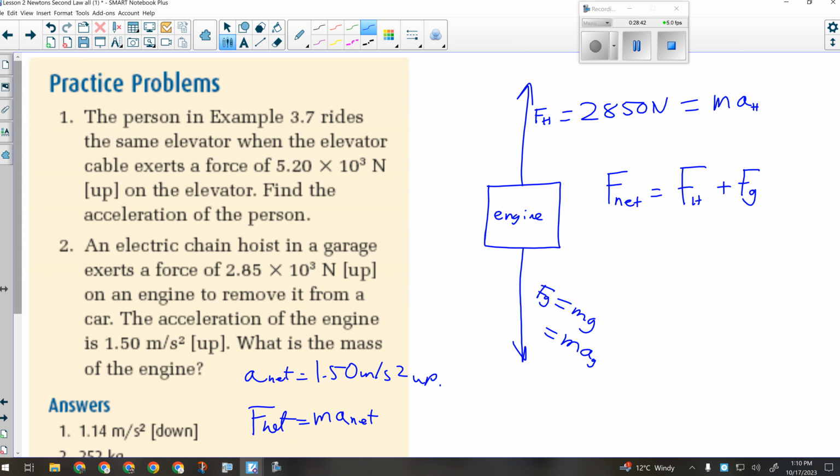What if I wrote it like this instead? Am I saying the same thing? That's how I would calculate each of those forces individually, right? Mass times acceleration, mass times acceleration, mass times acceleration. What's in every term? Mass. I can cancel it out, right? If everything in that equation is multiplied by the same number, I can cancel it out.